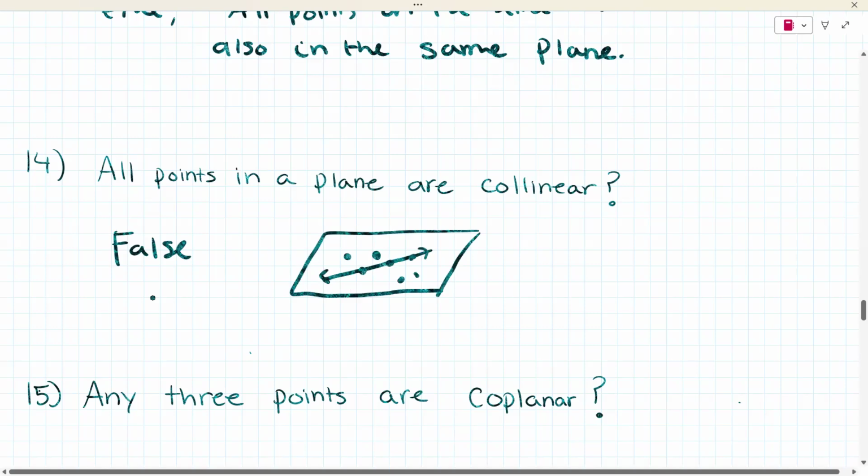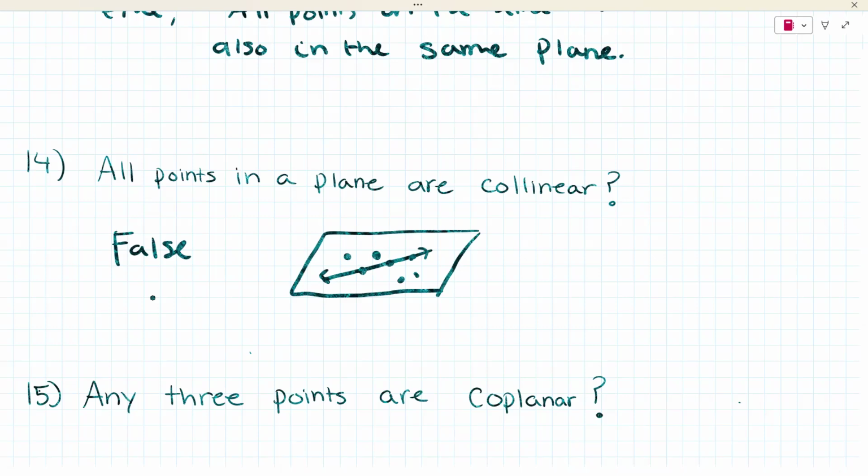So not all points in a plane are collinear, right? What must exist in order for a plane to exist? You need 3 points. You may have a line that goes through it, but some points have to be non-collinear. So that's going to be false.